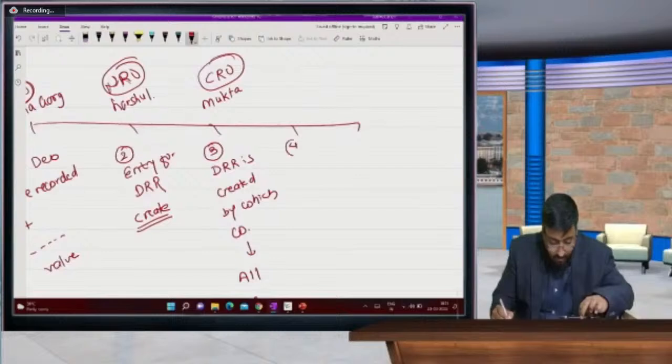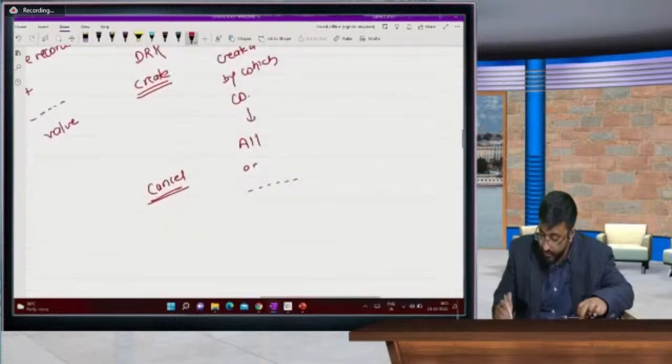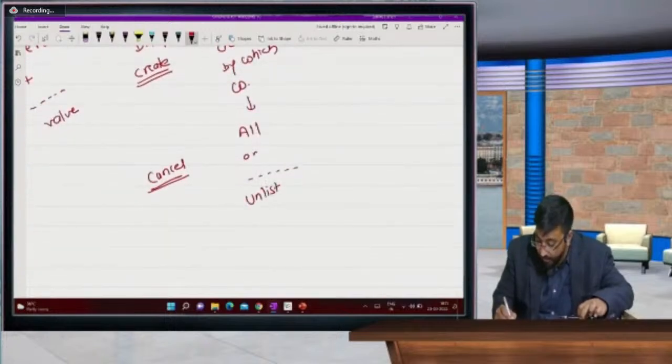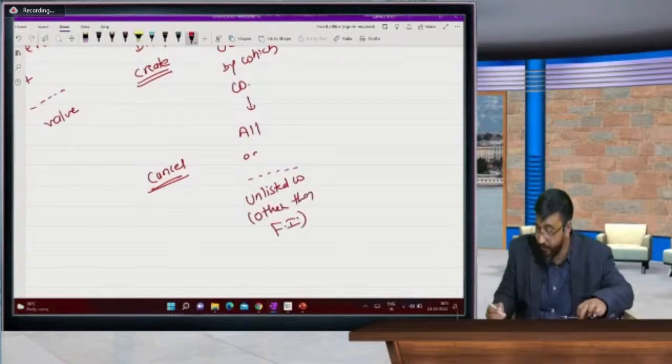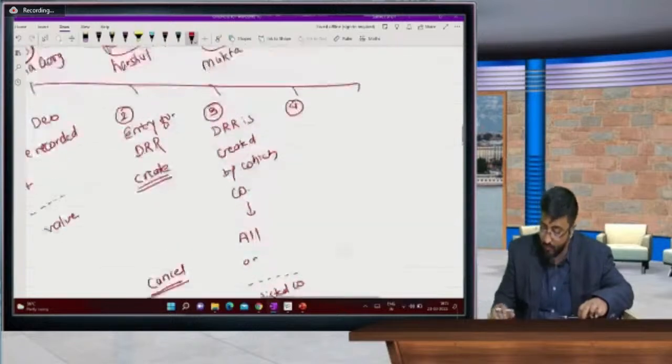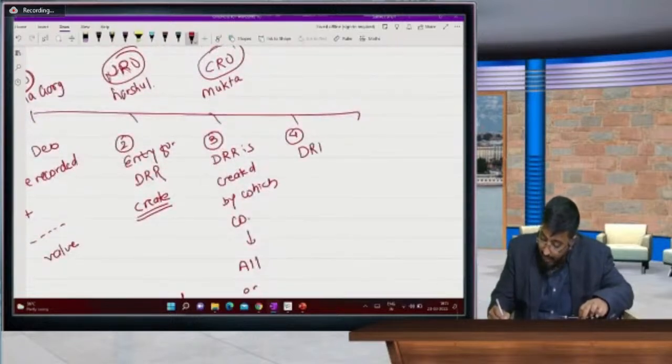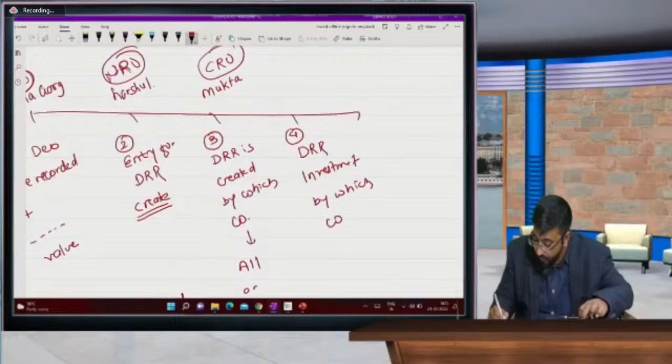Fourth answer. Fourth question first. So this is correctly unlisted company other than financial institutions. Other than financial institutions. DRR investment by which company and rate.